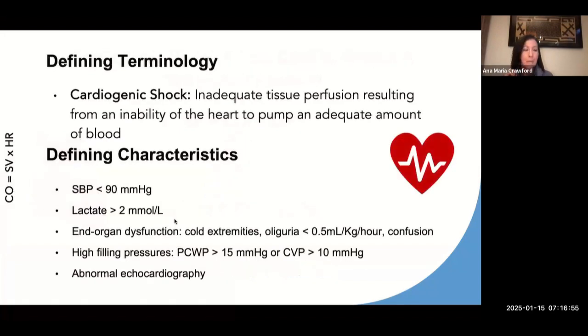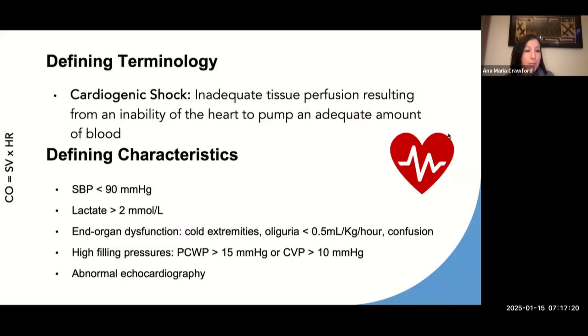So some of the defining terminology for cardiogenic shock: inadequate tissue perfusion that results from an inability of the heart to pump an adequate amount of blood. Some of the defining characteristics, which we've already mentioned, is a systolic blood pressure less than 90. Lactate can be elevated, greater than 2 millimoles per liter.